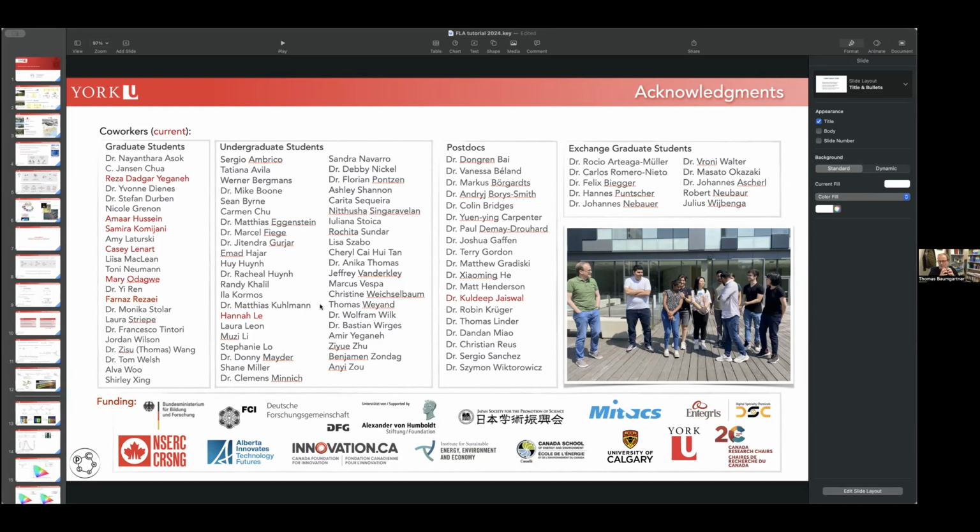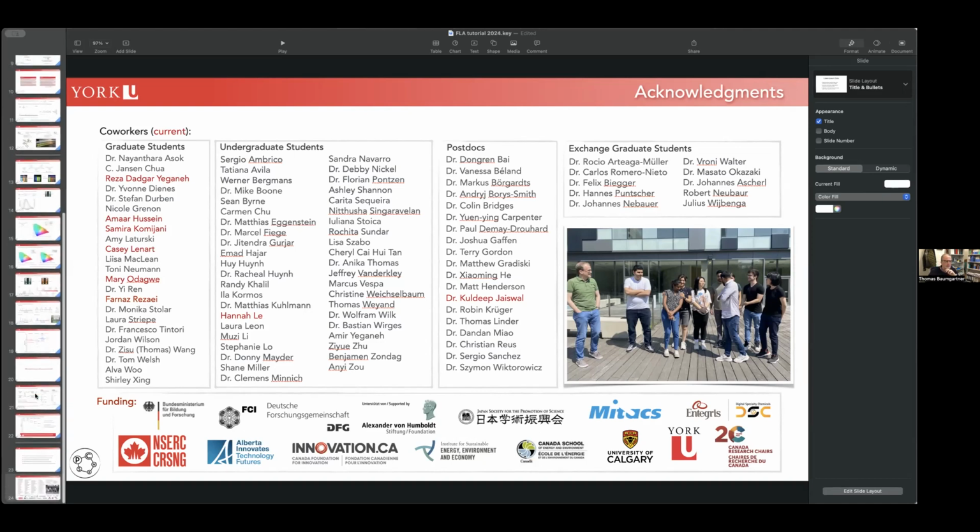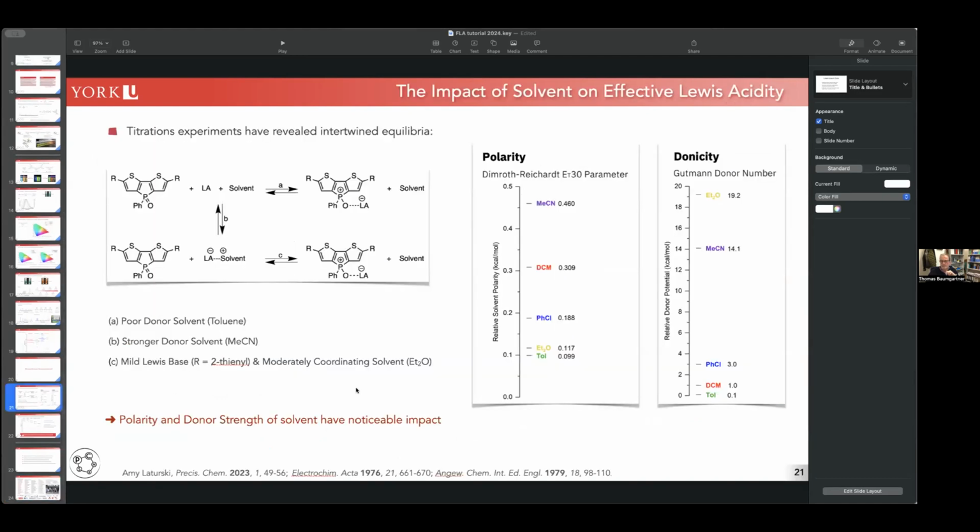This is something we still want to do, and not necessarily even with the coordinating anions, because that's very obvious. At the end of the day, instead of the solvent, you basically have Lewis acid cation and anion, so it's a matter of how much this equilibrium is favored over the other one.